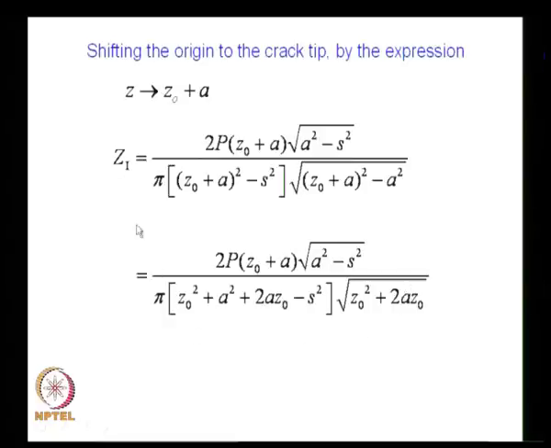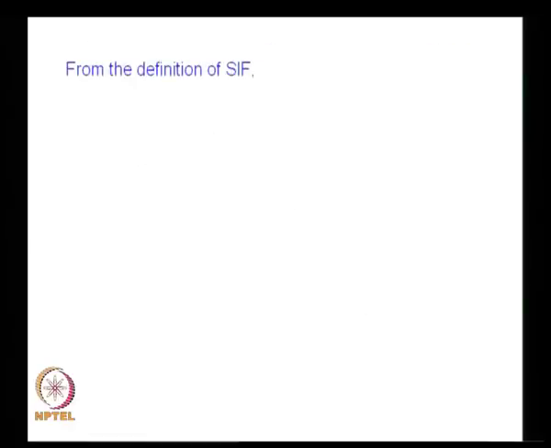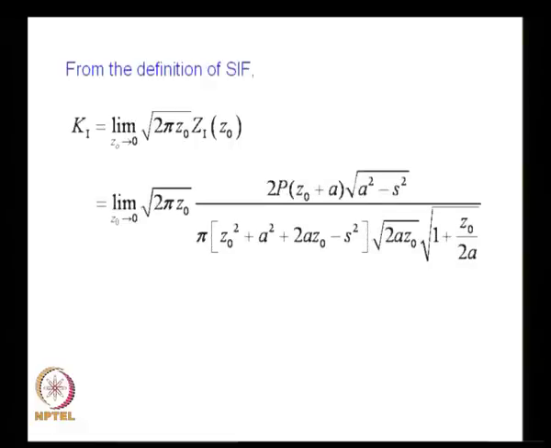Once you have expressed z1 in this fashion, it is possible to apply the limits. So, the next step is to apply the limits, and we know from the definition of the stress intensity factor, K1 is given as the limit z naught tends to 0 of root of 2 pi z naught multiplied by the stress function expressed in terms of z naught.